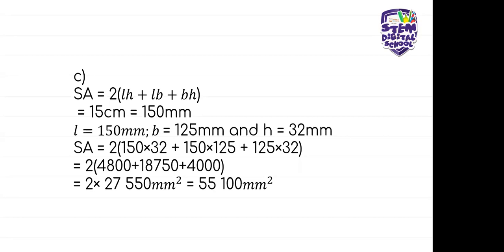You can check that in your ruler there. So in order to convert anything from centimeters to millimeters, you simply multiply by 10. And of course, if you substitute correctly, then you should be able to find the correct answer there.